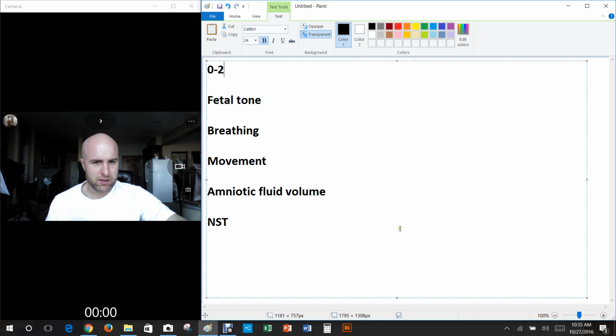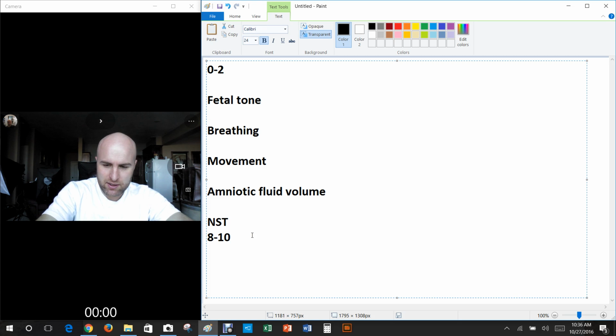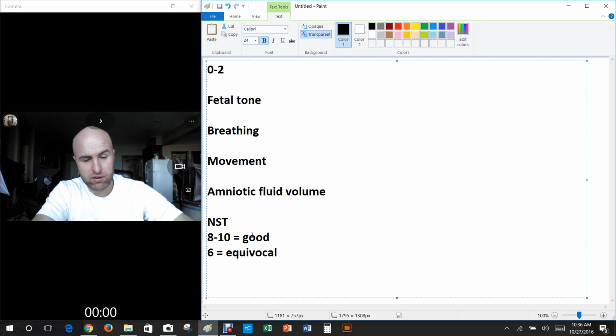After you've given an assessment on these things, then you have to interpret the results. And the results are that 8 to 10 equals good, 6 is considered equivocal, so if it's a term, usually you want to deliver.